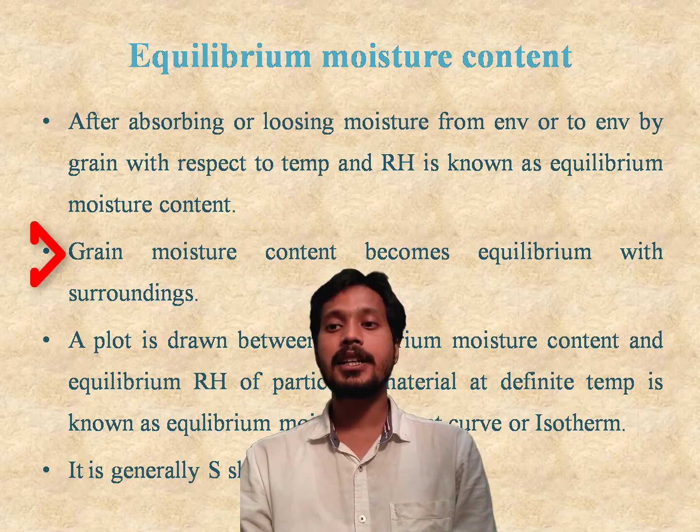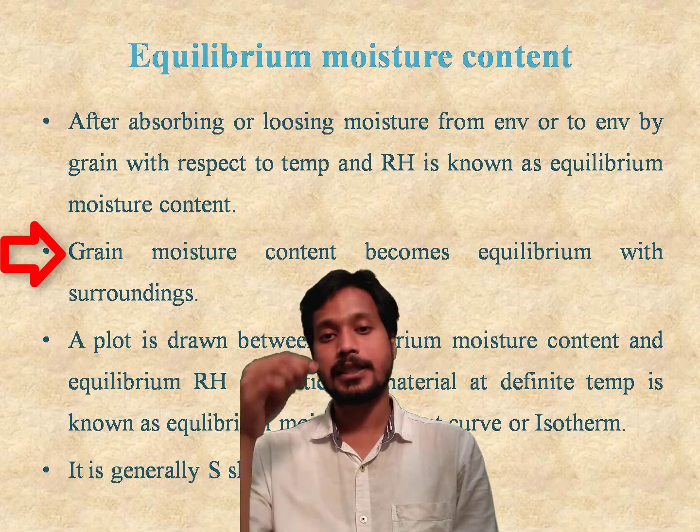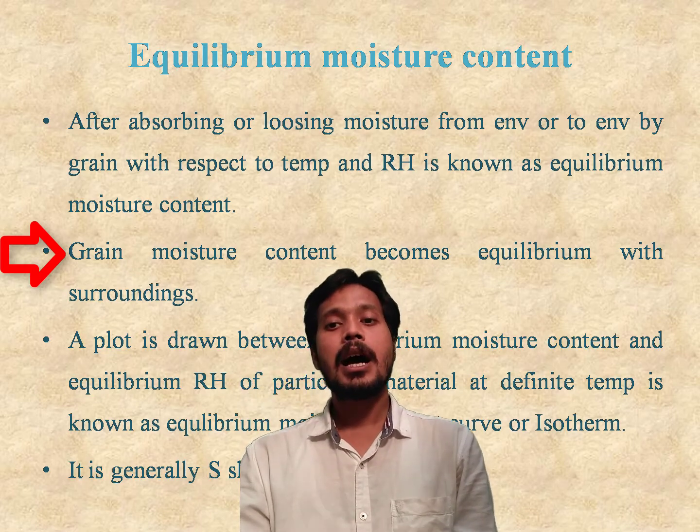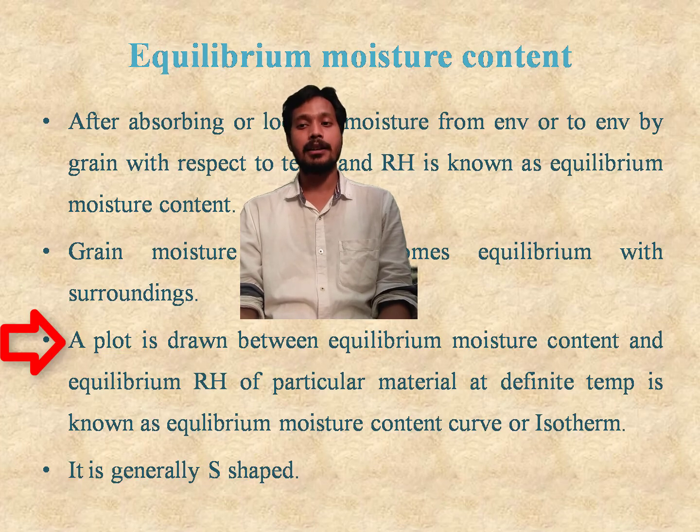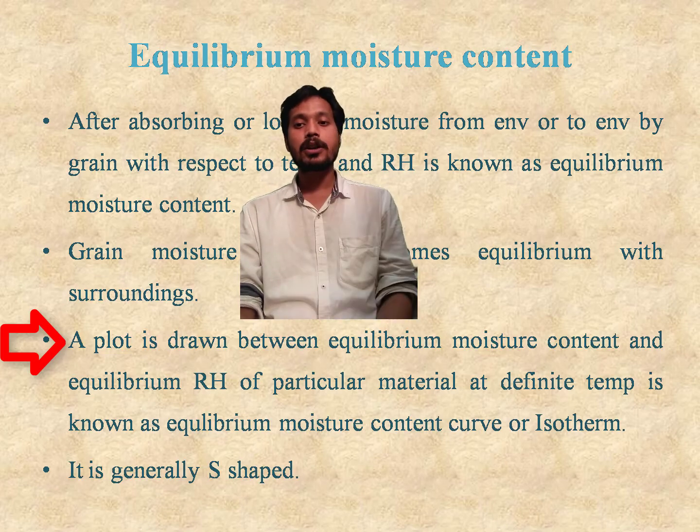Grain moisture content becomes equilibrium with the surroundings. A plot is drawn between equilibrium moisture content and equilibrium relative humidity of a particular material at a definite temperature, and this plot is known as the equilibrium moisture content curve or isotherm.